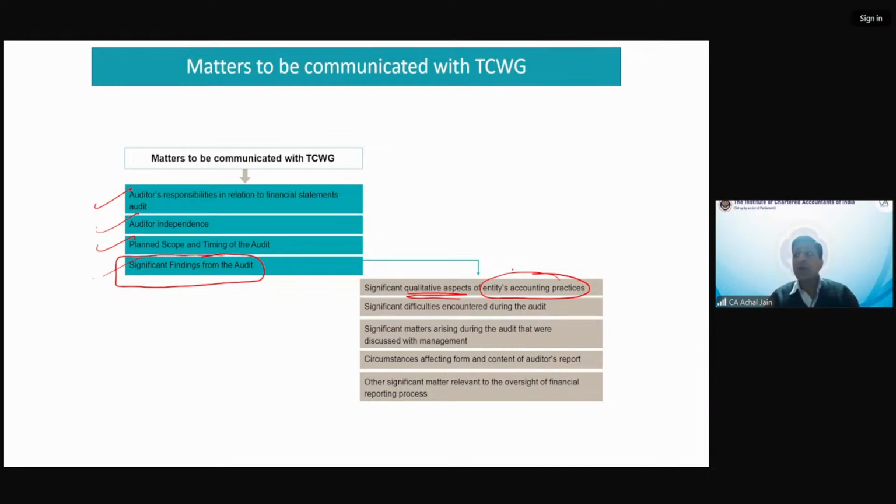Auditor will generally go and communicate to them about the significant difficulties which he would have faced, significant matters which could be there.